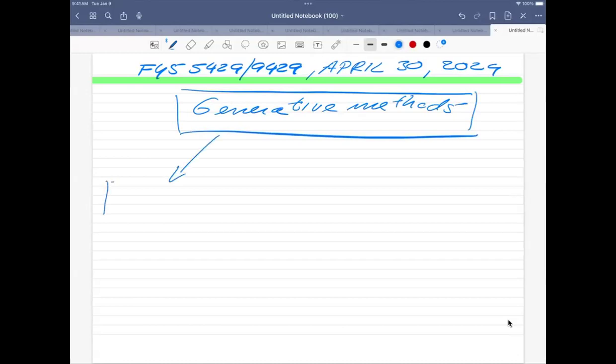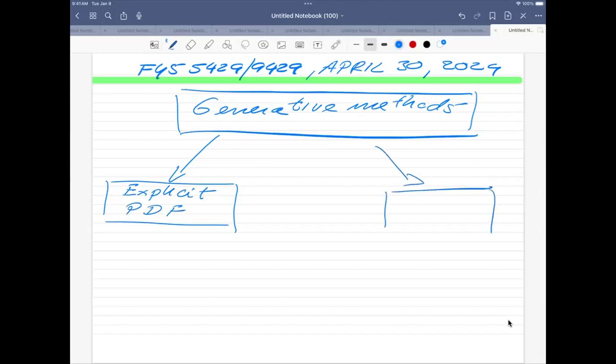One, where we deal explicitly with a probability distribution, the explicit PDF. And then we have the implicit PDF. So PDF stands for probability distribution function.